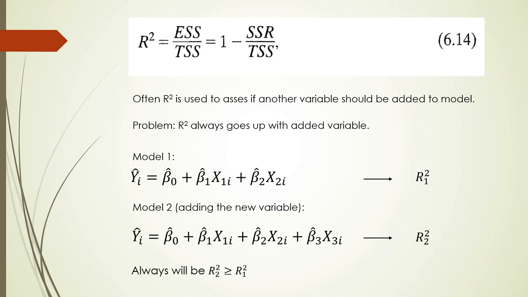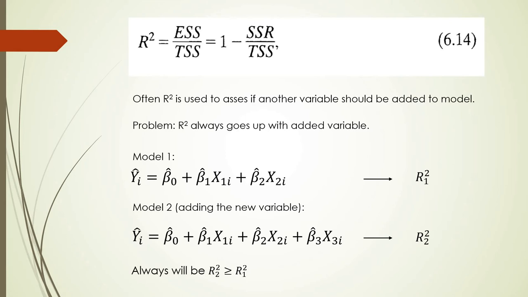For example, in our example of test scores, if we put the parking space in front of the school as an independent variable, R-square 2 will be larger than R-square 1.